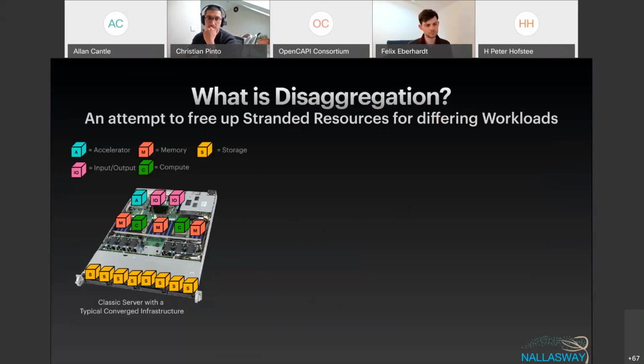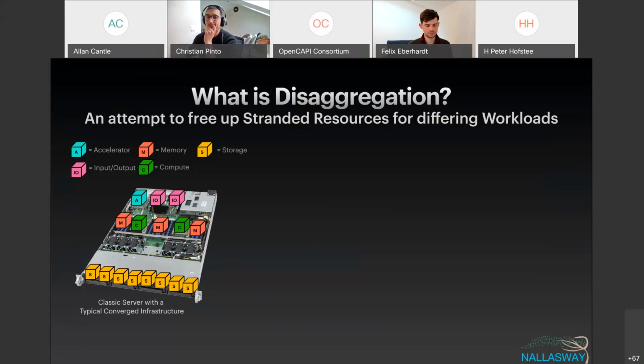Okay. First of all, what is disaggregation? So effectively, it's an attempt to free up stranded resources for differing workloads. On the left here, I've shown a classic server of a typical converged infrastructure, and I've made cartoon blocks of the various resources that you can see here inside a server.